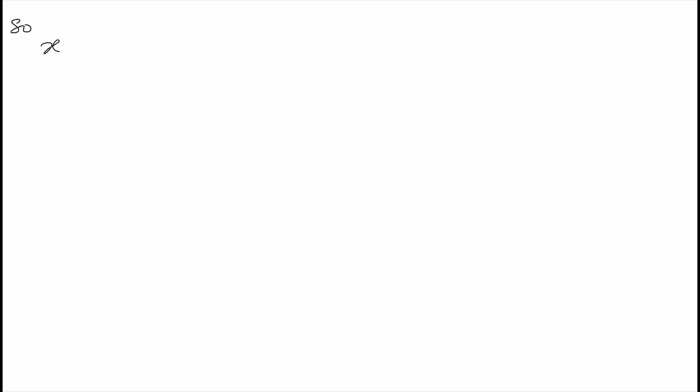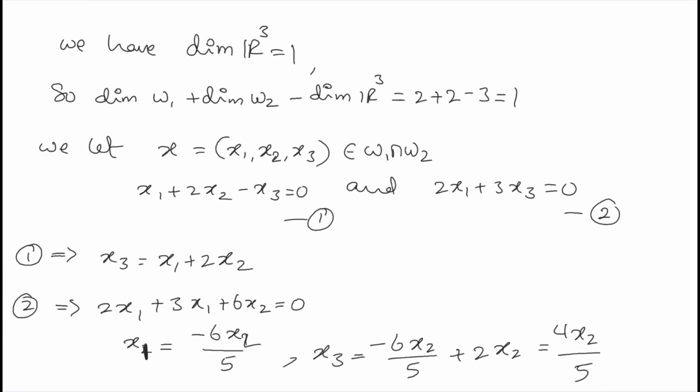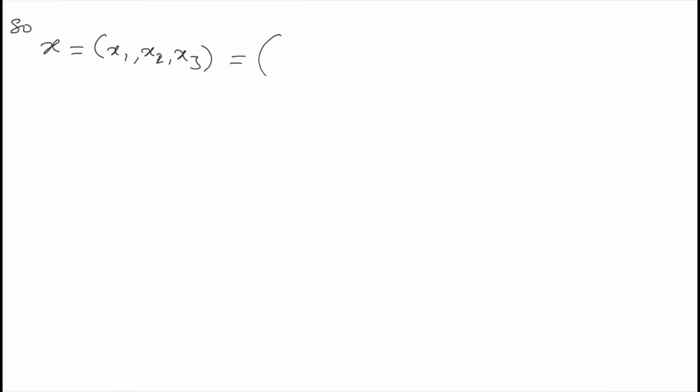x given as (x1, x2, x3) can be written as the value of x1 is minus 6x2 divided by 5, and the value of x2 as it is, then the value of x3 is 4x2 divided by 5.